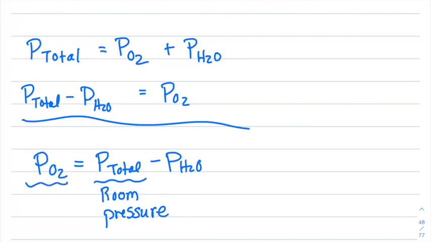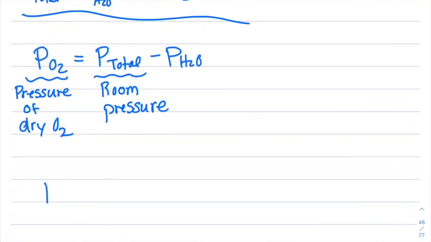And this PO2 in our lab is referred to as the pressure of dry oxygen, or the pressure of oxygen dry. The reason we use the word dry is we are removing the water. We're removing that pressure of the water. So we're going to find the pressure of essentially our dry oxygen after the water has been removed.